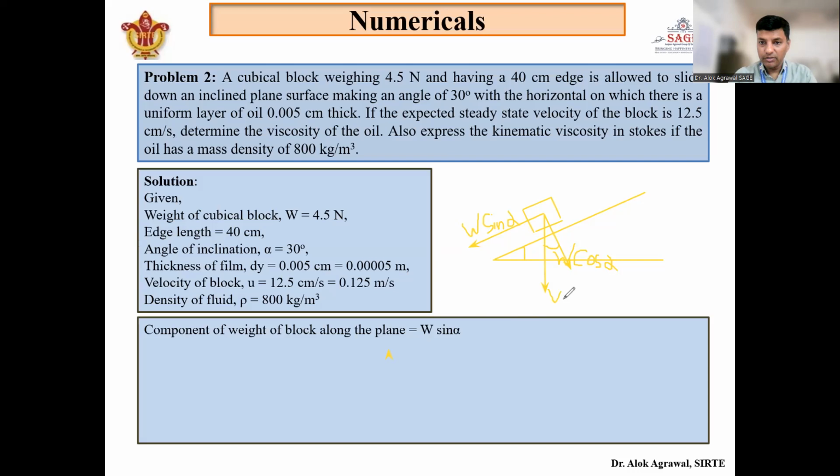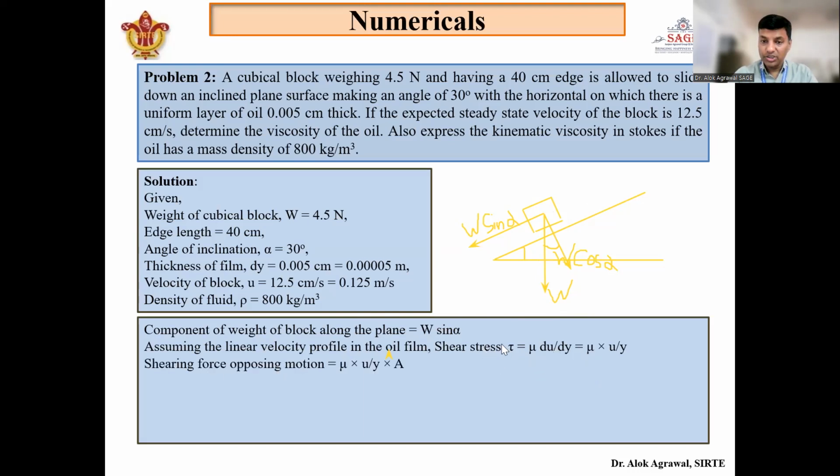So here weight is given W, but we cannot take weight W directly here because it is making angle, and we have to take the component of W because of which this block is sliding. Okay, so we have taken component of weight of block along the plane which is W sine alpha. Now we have Newton's law of viscosity, that is tau is equal to mu du by dy.